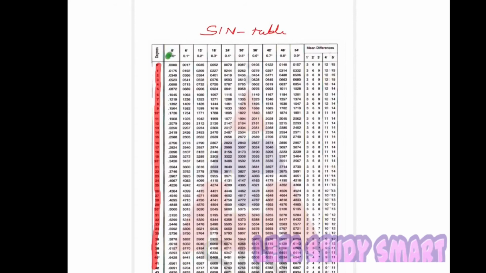And on the top, we have a few more degrees. At the extreme end, again, there are a few more things, but we'll discuss it later on. So right now, we are interested only in the leftmost part, and this topmost part. That is what we are going to discuss.